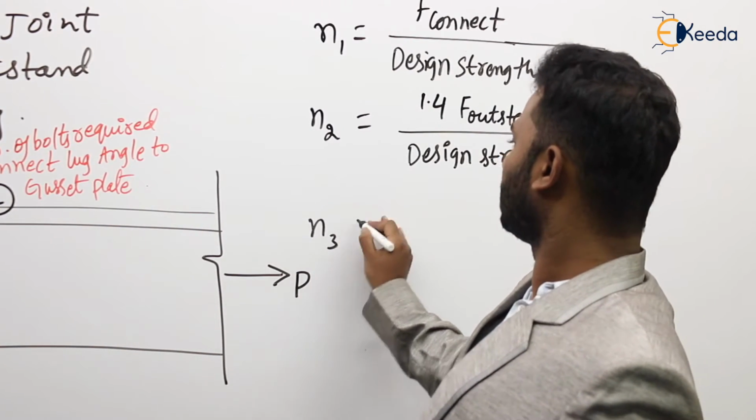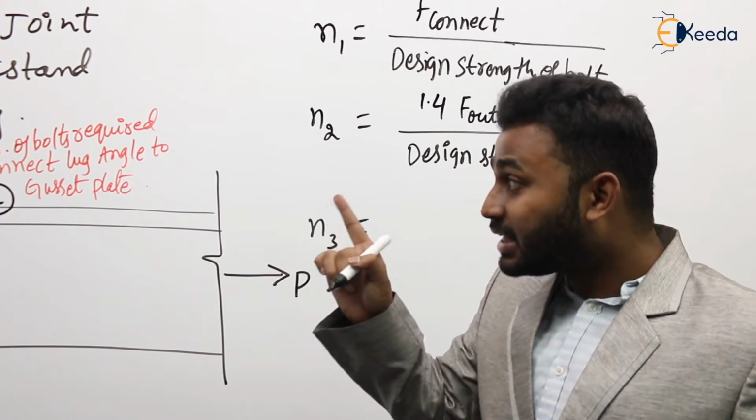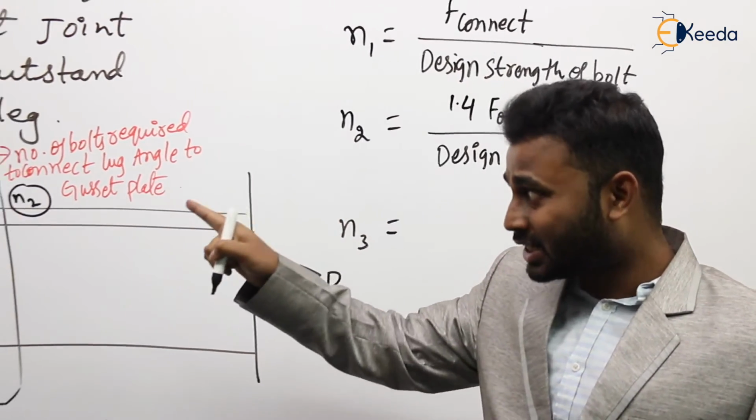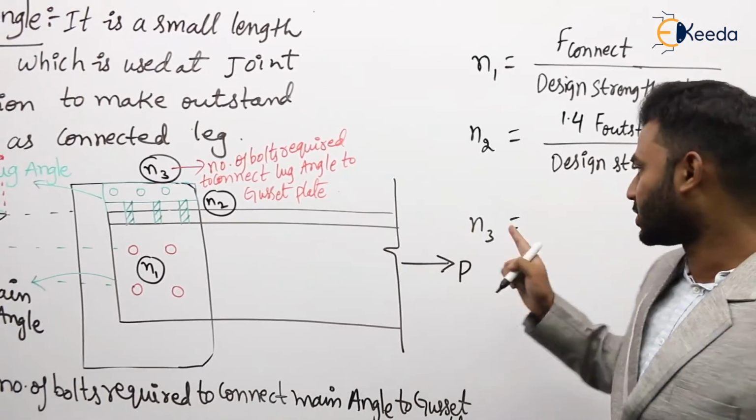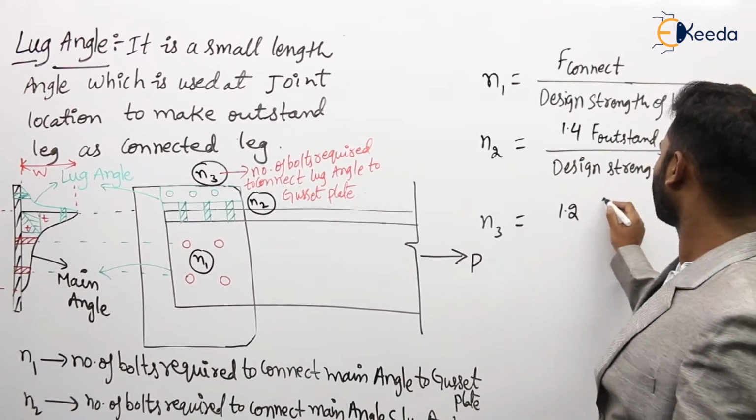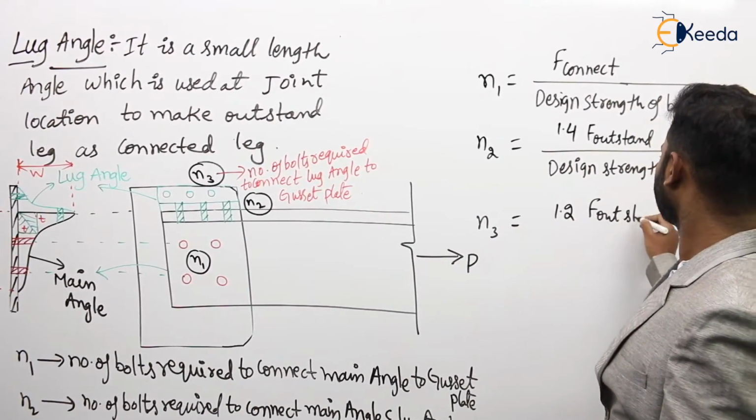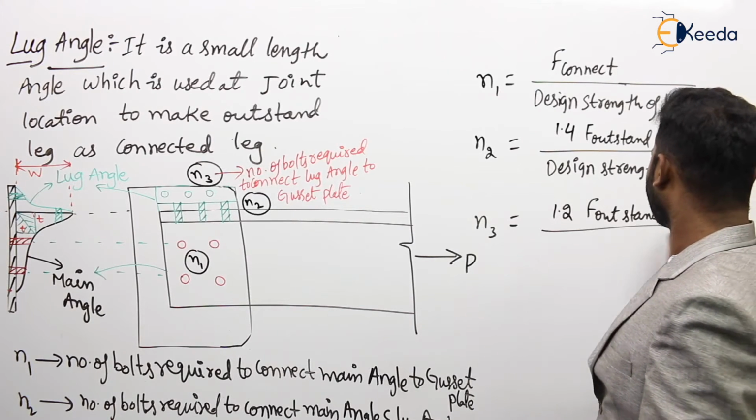Next, N3. What is N3? N3 is the number of bolts required to connect the lug angle to the gusset plate. Agree or not? So now N3 is 1.2 F outstand by the design strength.